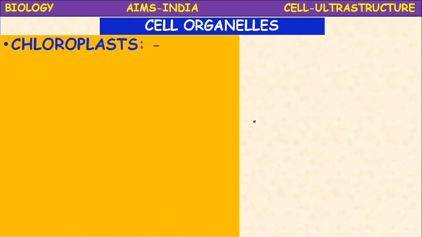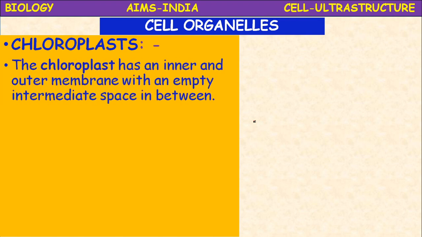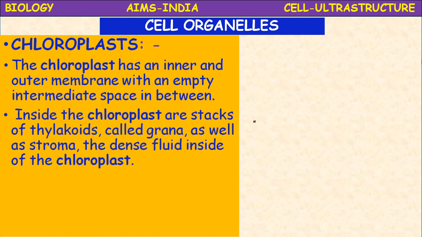Next, chloroplast. In plants, the plastids or the chloroplasts are very important structures. The chloroplast has an inner membrane and outer membrane, a double membranous structure with an empty intermediate space between, and inside the chloroplast are the stalks of thylakoids.